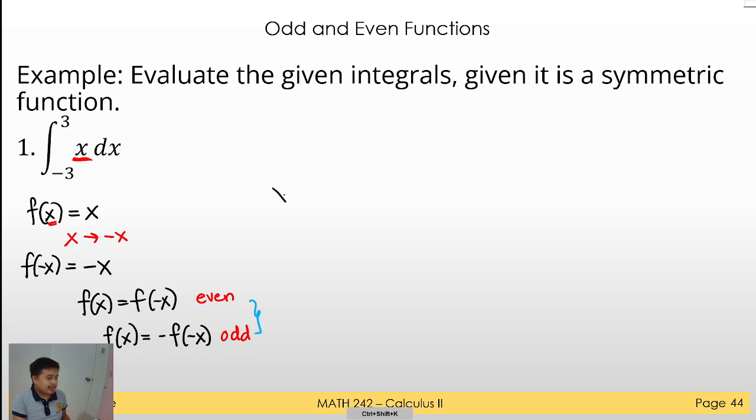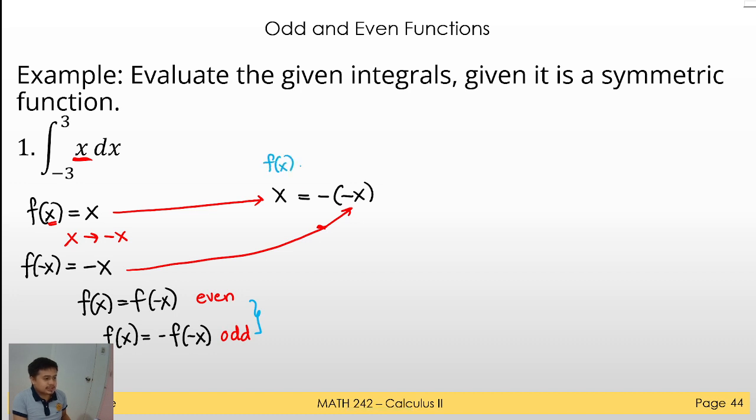We have x here, and this one is equal to the negative of negative x. So we have f of x is equal to negative of f of negative x. Therefore, this is an odd function, so the integral of this function from negative 3 to 3 is just 0.